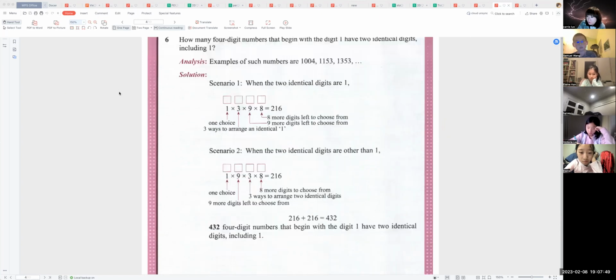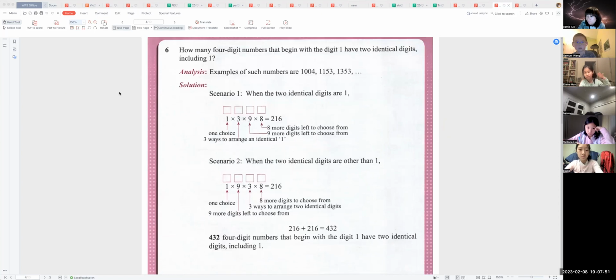不太懂. Kind of. Okay, I can explain again. Okay, so do you understand the first scenario already? First scenario, you understand. Okay, so the first case is 1, 1. The second case is 1 something 1.